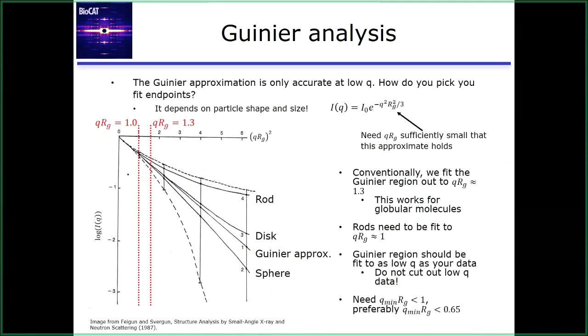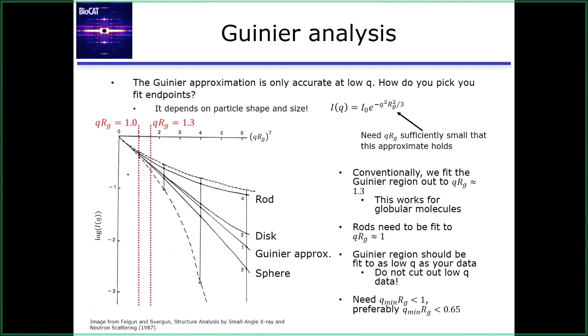That's the information the Guinier range analysis can give us. Now the question is, how do you do it? The problem is it's not quite as simple as just taking a fit, because you have to remember we're fitting an approximation. So you have to carefully pick the endpoints of the Guinier fit so that the approximation still holds. How do you pick the fit endpoints?